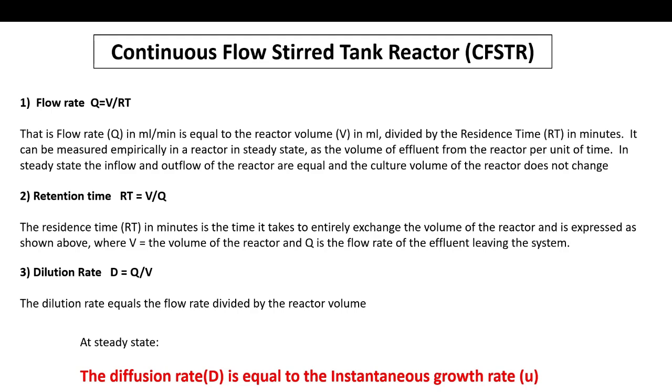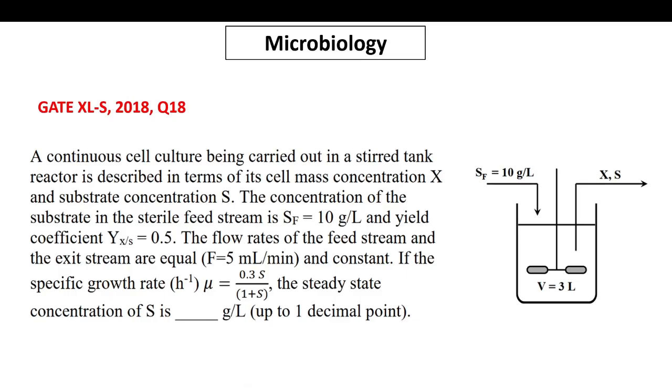Now let us look back again at our question and what is being asked there. The substrate concentration is mentioned here as S, and the cell mass concentration is mentioned here as X. There is also the concentration of substrate in the sterile feed stream. So it is a continuous cell culture that we have already talked about. They have given the substrate concentration that we need to find out in the steady state.